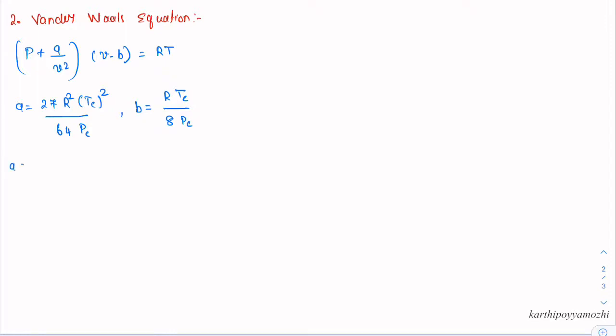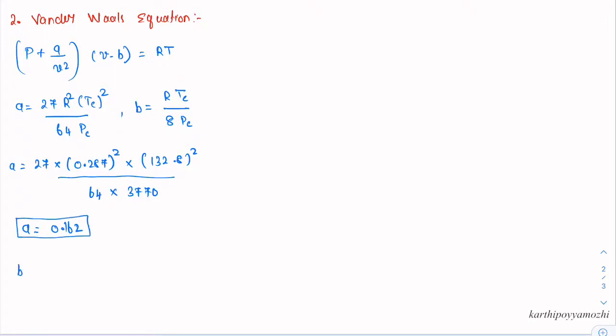a is equal to 27 into R, where the value of R is 0.287, whole square, into Tc, the critical temperature, 132.8, whole square, divided by 64 into the critical pressure, 3770 kilonewton per meter square. On calculation, the value of a is 0.6162.